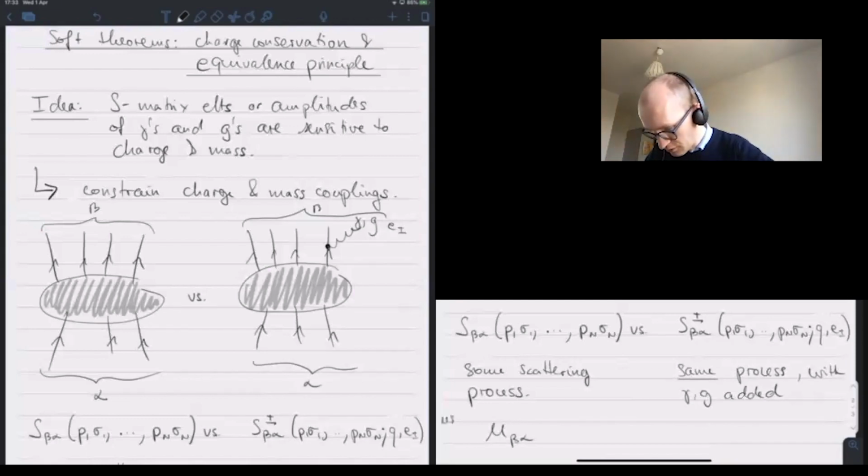So we also use the object M_{beta alpha}, the amplitude, and we compare it, notation-wise, to M_{beta alpha} plus or minus, which depends on the same kind of arguments as I wrote there for the S-matrix in both cases. Okay, so now let's get right to business. So let us recall something.